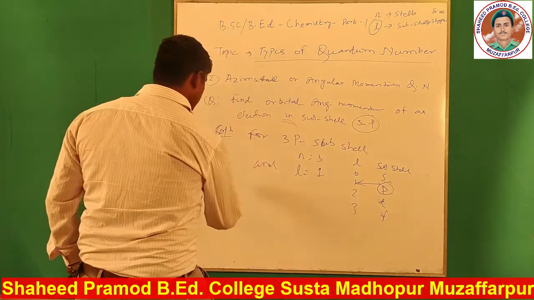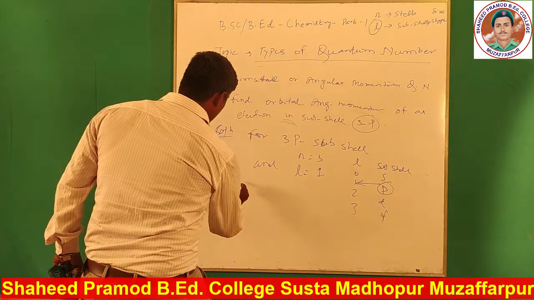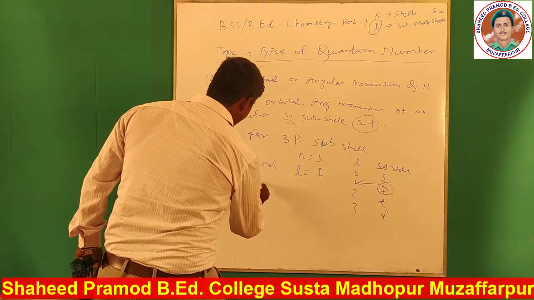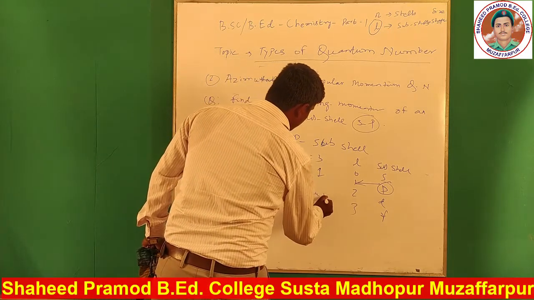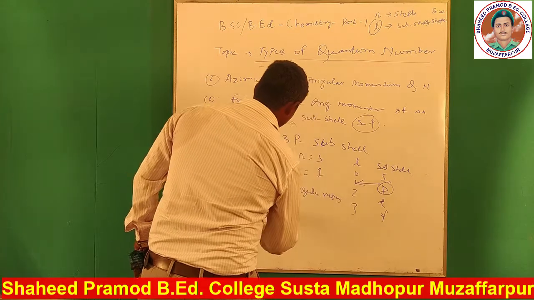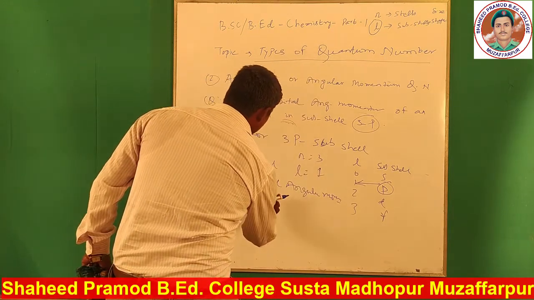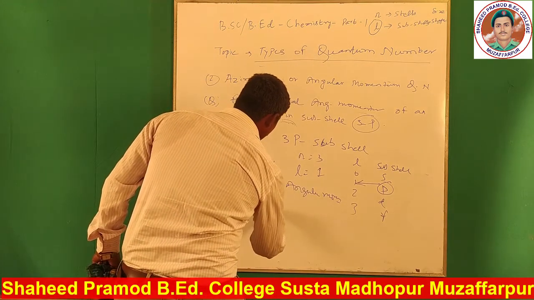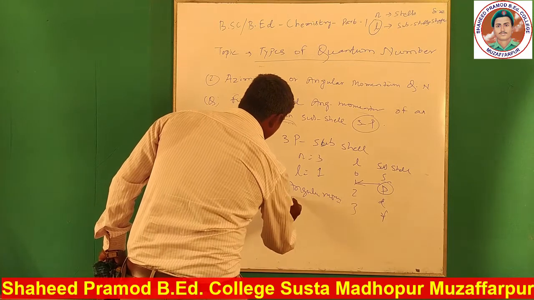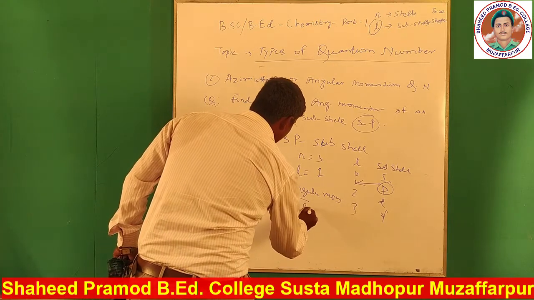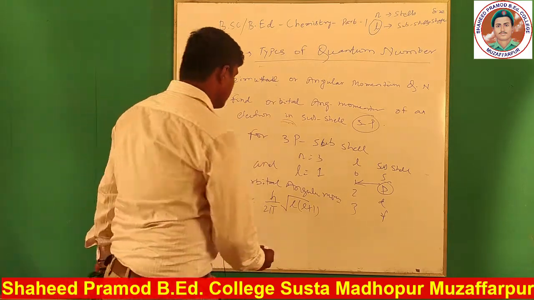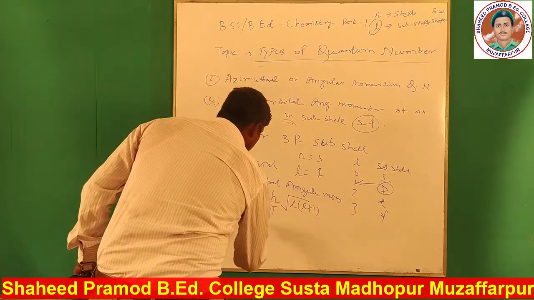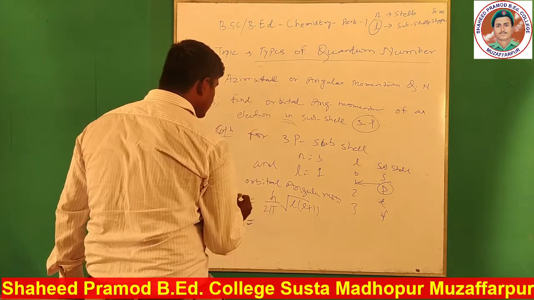Now, what is orbital angular momentum? The formula is h upon 2 pi into root of L into L plus 1. So, what is the value of L? The value of L is 1.